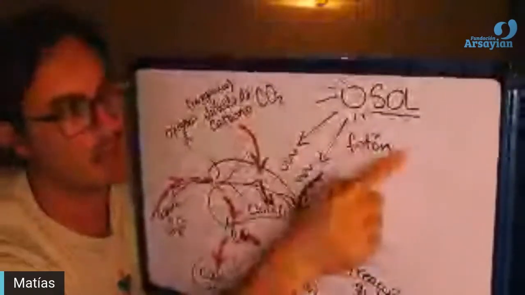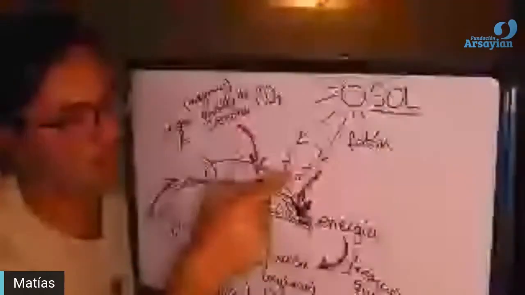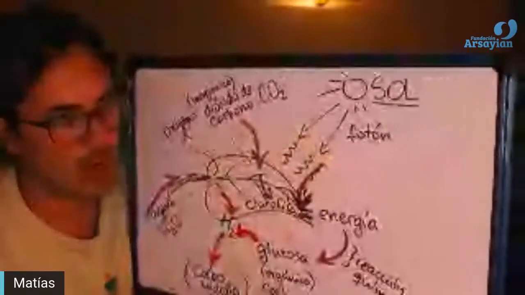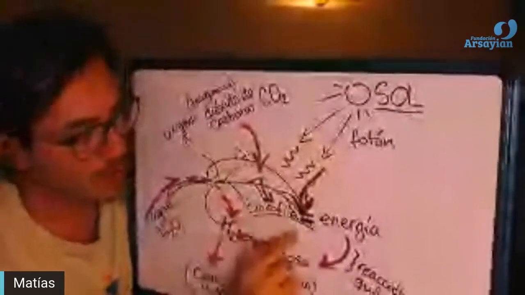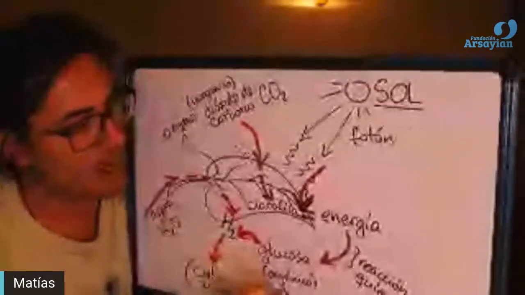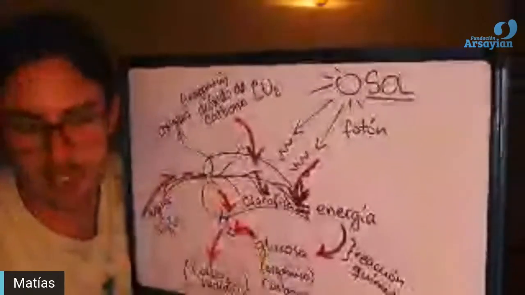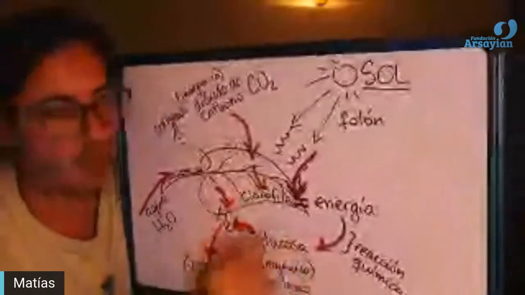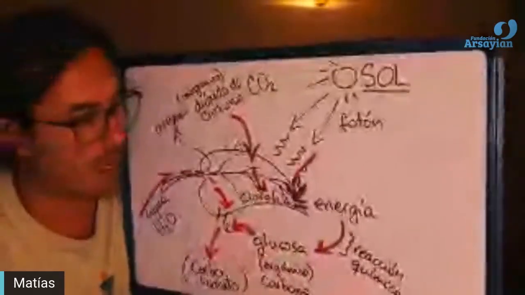So from the sun, the rays of the sun, we get photons, which are all these particles that in a certain wavelength, which is around 500 nanometer, the chlorophyll gets, and that's why we see the trees green. That's why we see green, because of the wavelength that the chlorophyll gets the light.